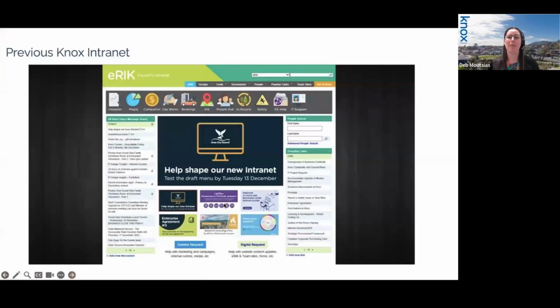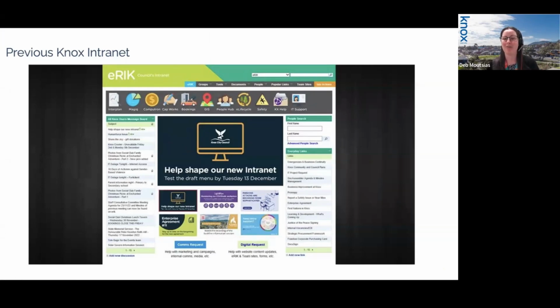And close to 50% of staff could not find other staff contact details or information when they needed it. Being government, potentially like lots of other people who have joined the call, we've got lots of rules and processes that need to be followed, and that can't happen well if people are having trouble finding the information about processes and people they need to do their jobs.